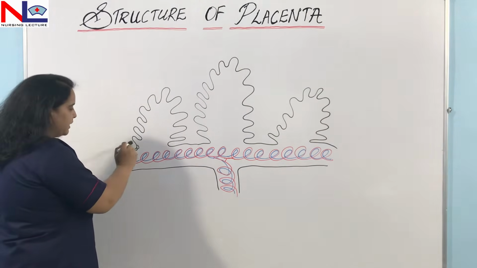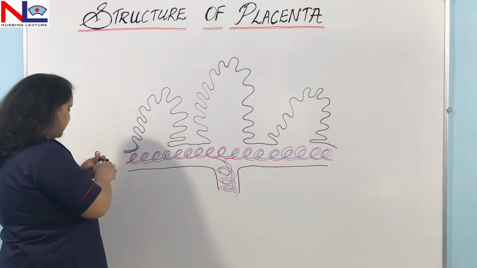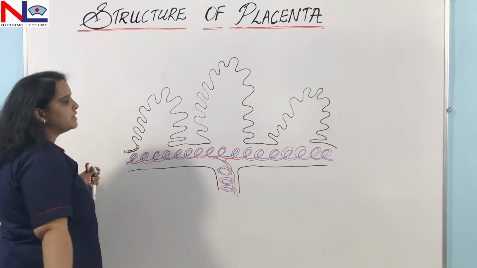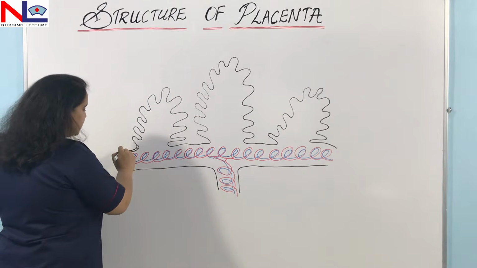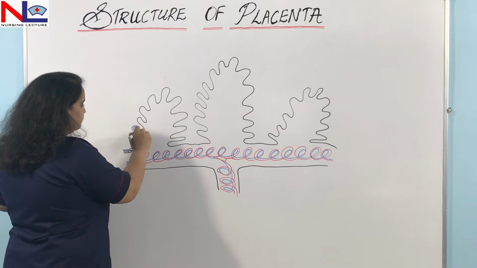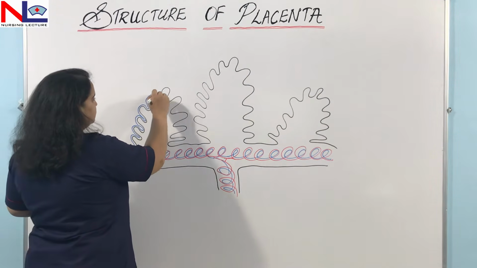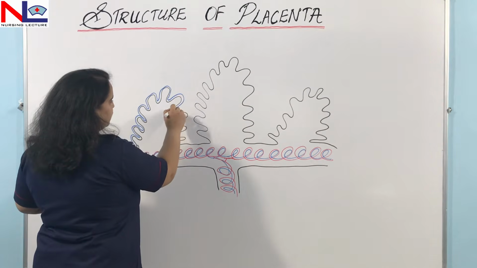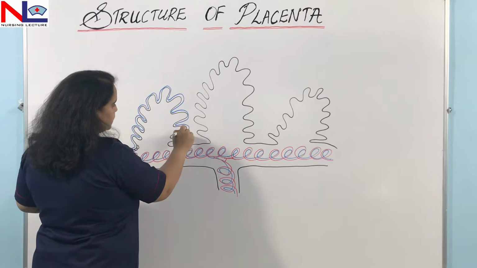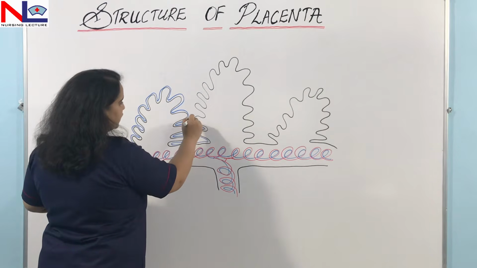So I am drawing here in a simple manner so you can draw very easily. And outer to this cytotrophoblast is the syncytiotrophoblast layer. This is the syncytiotrophoblast layer, which is multinucleated. The outer lining of trophoblast, that is syncytiotrophoblast. This blue one.